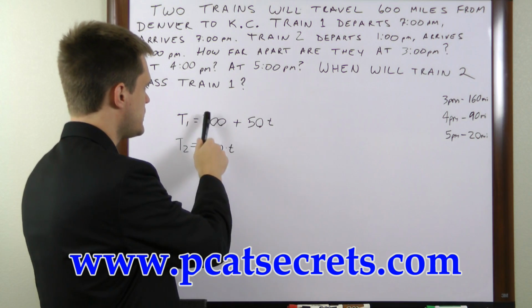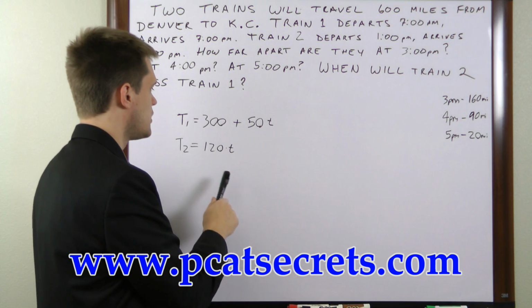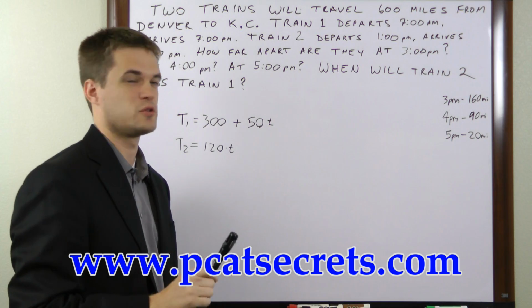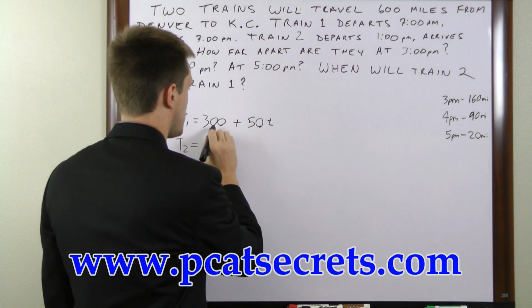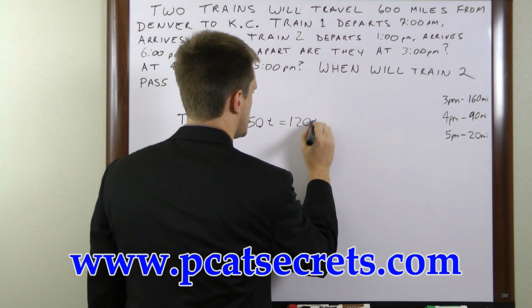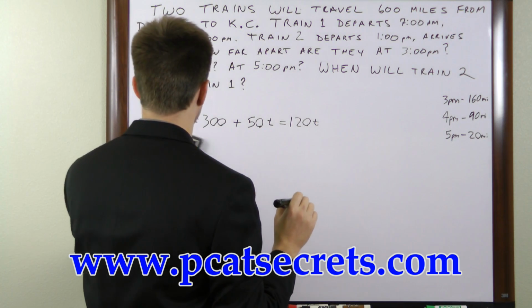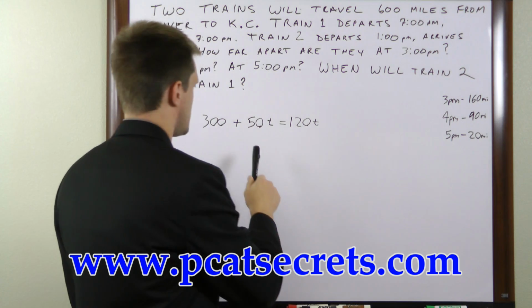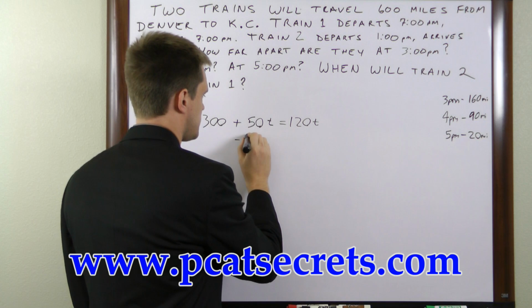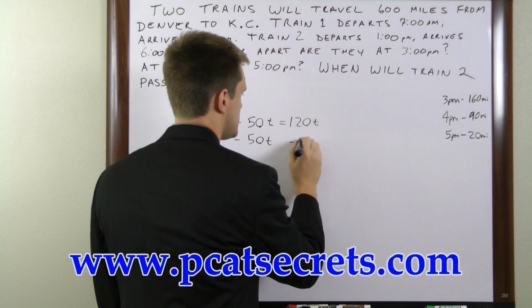Now, to find out when these two are in the same position, all we have to do is set these 2 expressions equal to one another. So we'll write 300 plus 50t equals 120t. So to solve this, all we're going to do is subtract 50t from both sides.